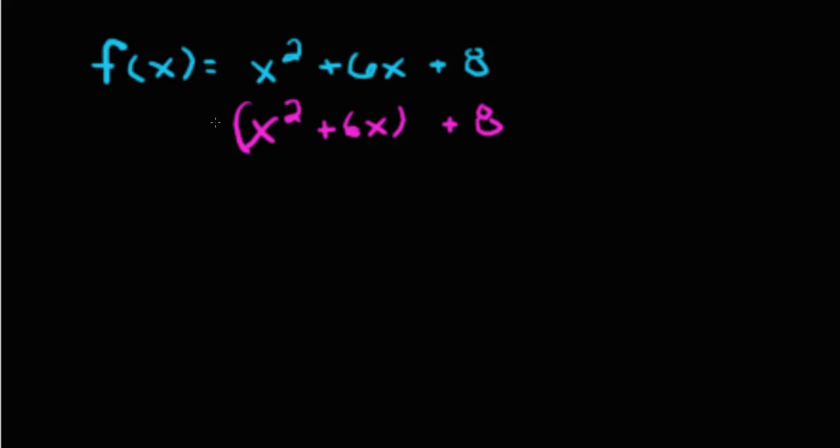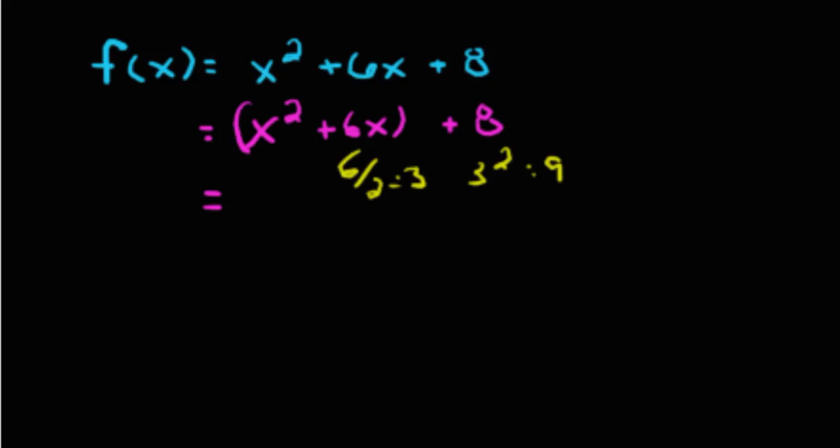Now, in order to complete the square, we're going to look at this x term here, divide it by 2, and then square that answer. So 6 divided by 2 is 3. 3 squared, I'll go ahead and write this out here. 6 divided by 2 equals 3. 3 squared equals 9.